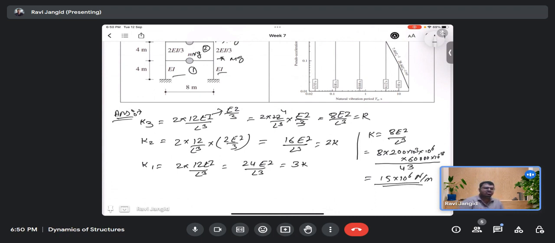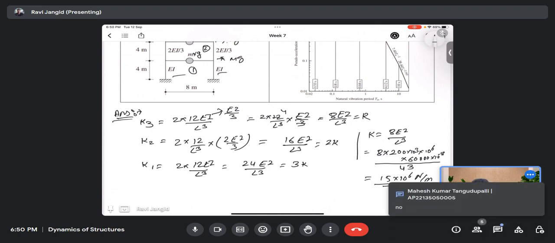Is it okay? Up to this point, is there any doubt? This is a simple calculation. So now we need to find the shape function.